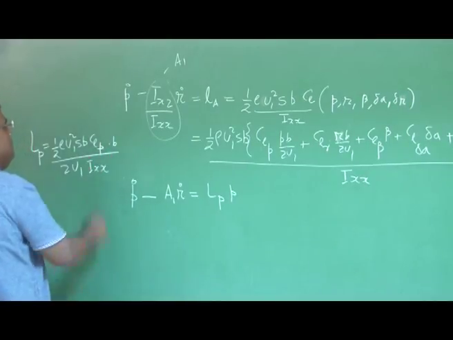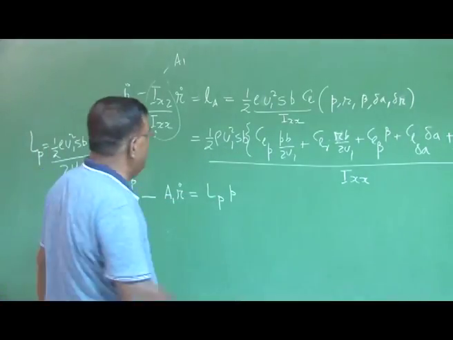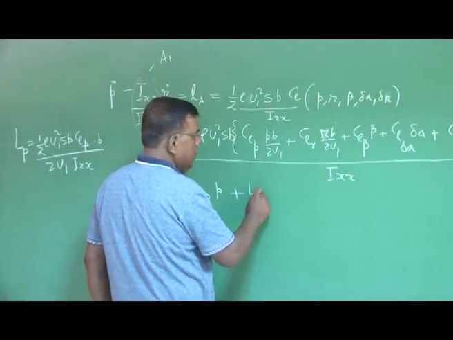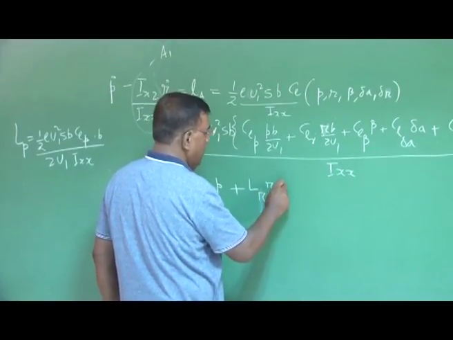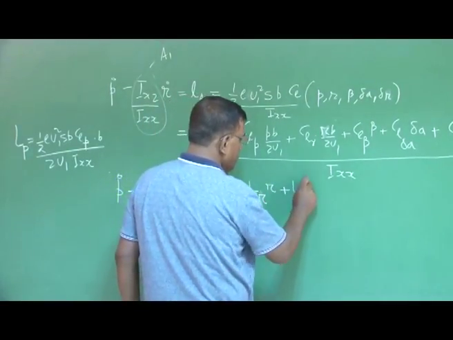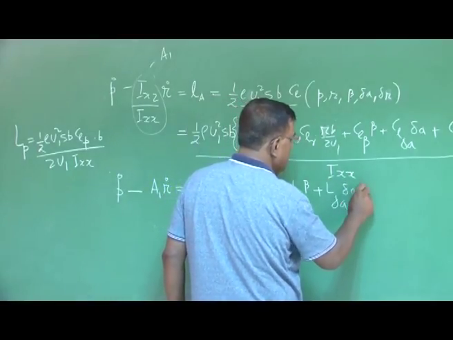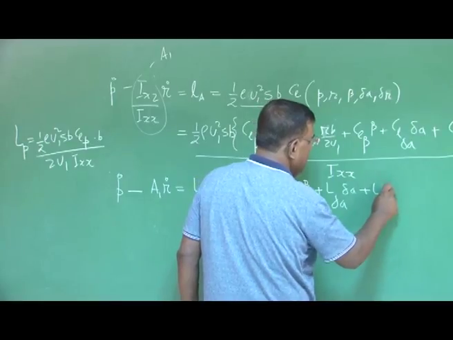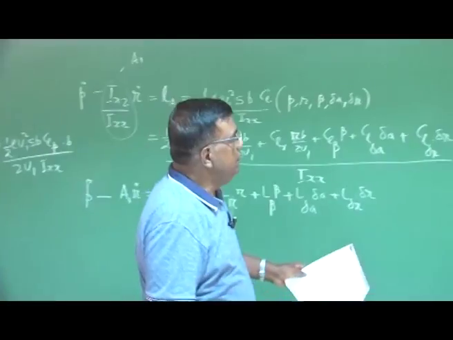So, this B into B becomes B square. That is the way you can write in a simplified version. So, LR into R, let us say I maintain the order, plus L beta into beta plus L delta A into delta A plus L delta R into delta R. As simple as that. So, that is exactly your second equation.